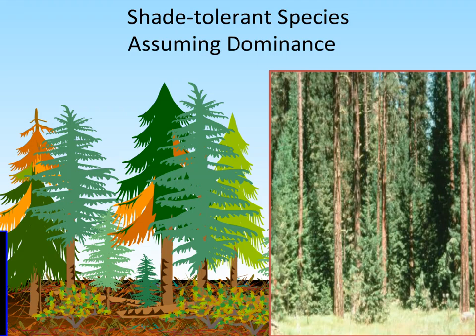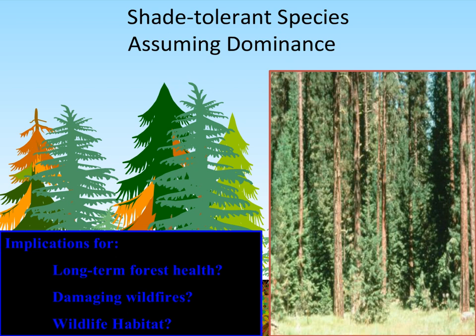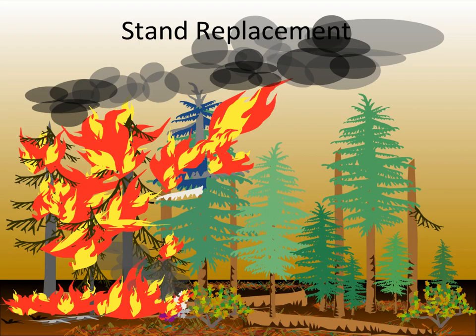Well, this forest condition has long-term forest health, wildfire, and wildlife habitat consequences. For example, some of our more aggressive and damaging defoliating insects cause more damage to stands dominated by multi-aged, shade-tolerant fir species. And these multi-layered forests are more prone to hot, stand-replacing crown fires.